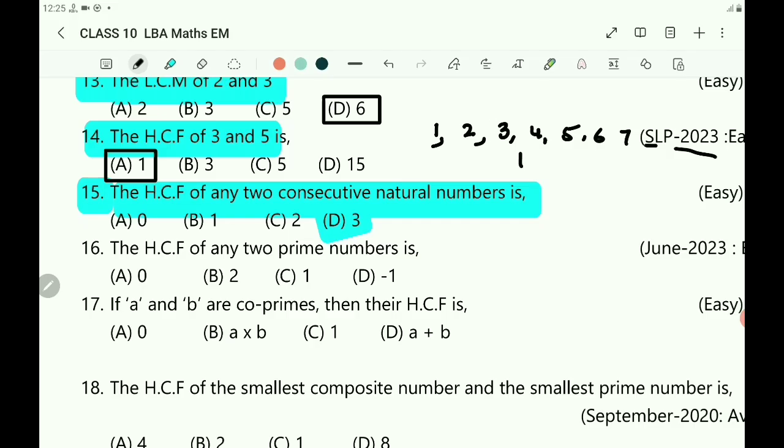So the HCF is 1. Similarly, the HCF of 4 and 5 is also 1. So consecutive natural numbers are co-prime numbers and their HCF is always equal to 1. Therefore, what is the answer? Option B, 1, is the answer.